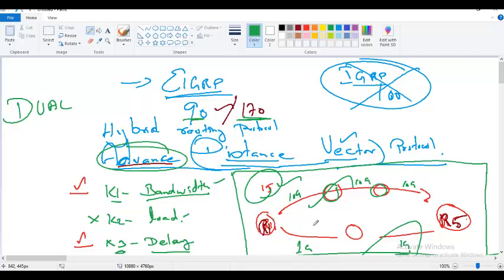But for outside network, if there is any other source for you, better rely on that. You understand this 170? So 170 is external, 90 is internal. That is what I want to show you here.